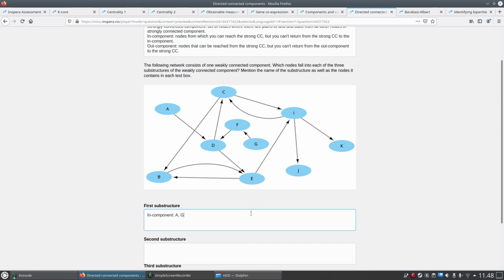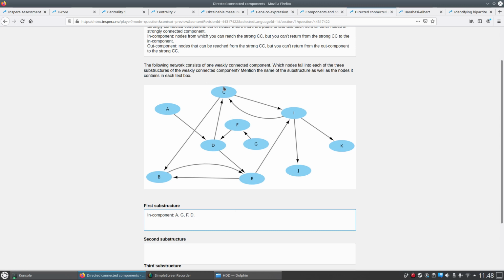So we can go F. And lastly, D. We see here that D gets connections in from A and F, but they are also only in the in component. And if you leave D, since you can't return to either A or F, since they're in the in component, you can't return to D. And so D itself is also going to be in the in component.